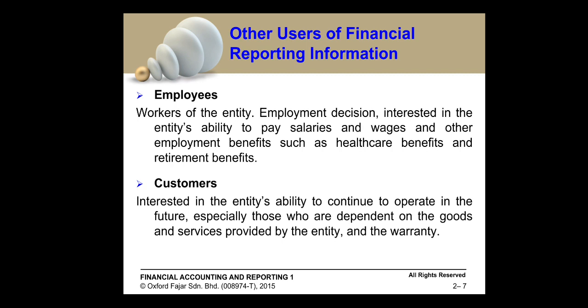If the company collapses or goes bankrupt, there is nobody who can honor the warranty. The warranty says 5 years, but after 1 year of purchase the company goes bankrupt. So the customer cannot claim the warranty if anything happens. So that is how a customer can also be a user of financial statement.